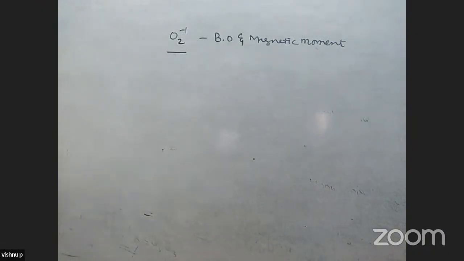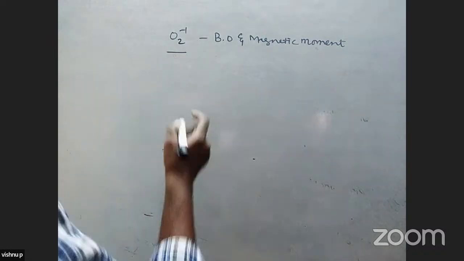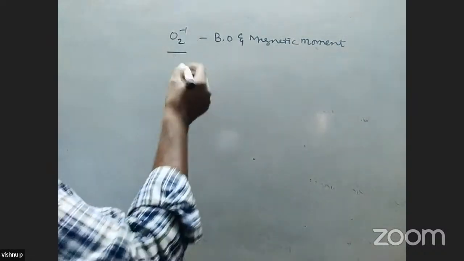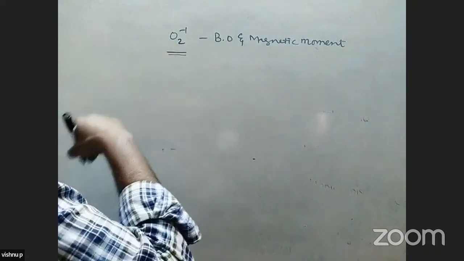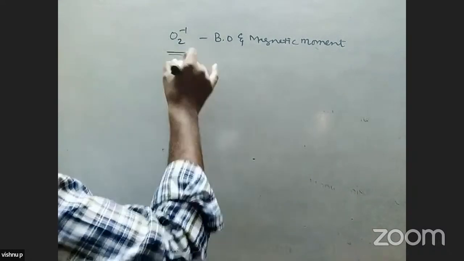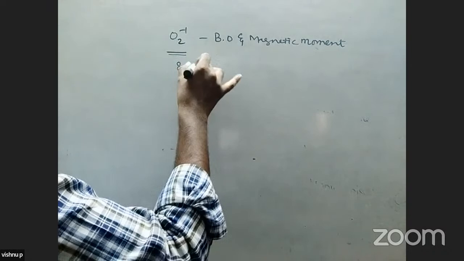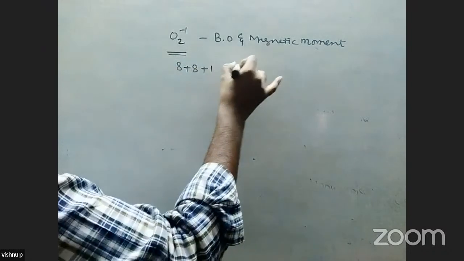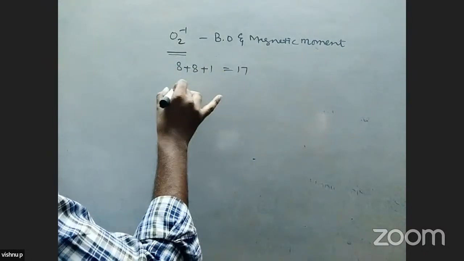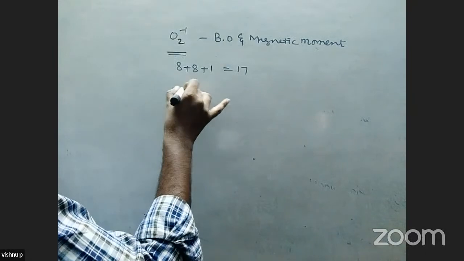Calculate. Then you write the molecular orbital electronic configuration. Oxygen has total 8 electrons, and O2 with one negative charge has 17 electrons. Then we follow the oxygen electronic configuration.